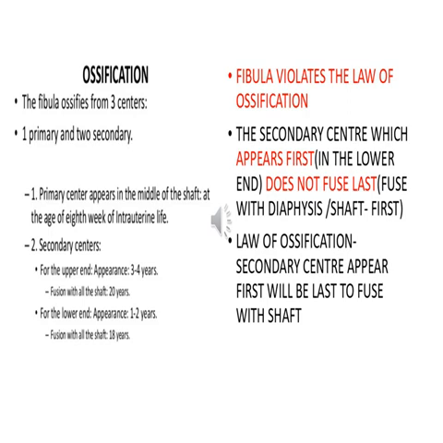So in the case of the fibula also, there is one primary center that is responsible for the shaft and two secondary centers which are responsible for the two ends of the bone, the epiphysis. The law of ossification is that the epiphysis that ossifies first fuses with the diaphysis last.